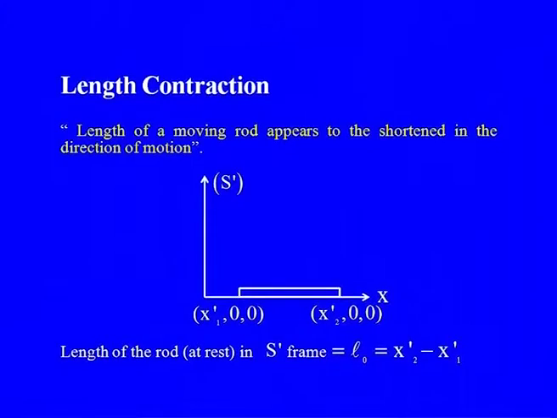What we saw there was, if you have a rod, some object at rest in a certain frame, you go and measure its length. Okay, find that the length of this rod, let's say it's L0.